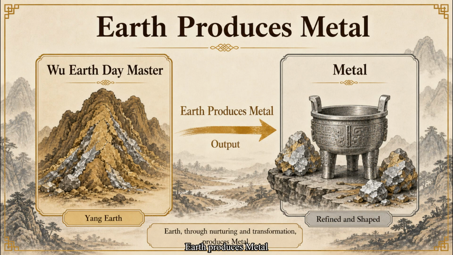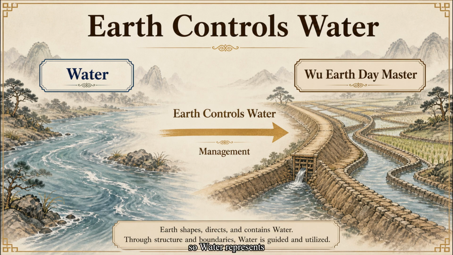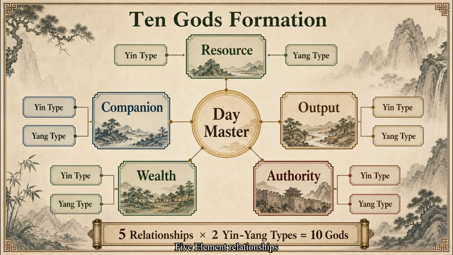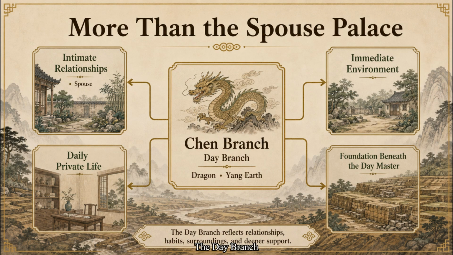Earth produces metal, so metal represents what Wu Earth creates or expresses outward. Earth controls water, so water represents what Wu Earth can manage or regulate. Wood controls earth, so wood represents rules, pressure, or constraint acting on Wu Earth. When these 5 element relationships are further divided by yin and yang, they form the 10 gods categories. The day branch is often used to discuss intimate relationships, but it represents more than marriage or a spouse.